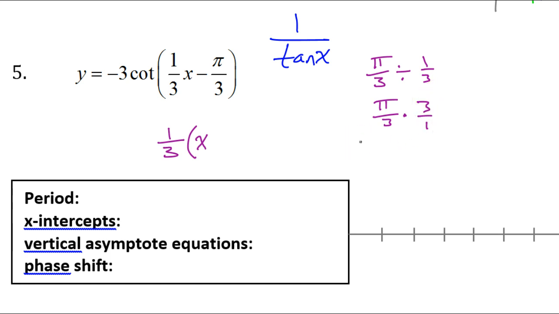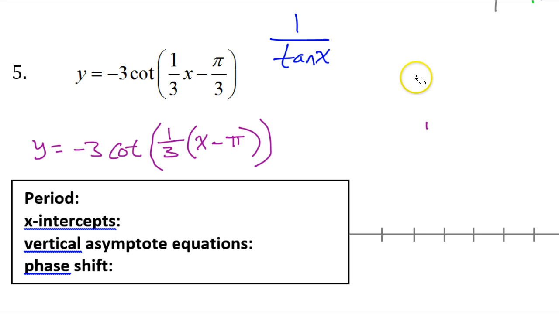The 3's cancel out, so you're just going to have pi. So this is just going to be x minus pi. All of that really should be in parentheses. And then I've got my cotangent and my -3 and my y equals out there. So I think I'm just going to go ahead and erase this nonsense.